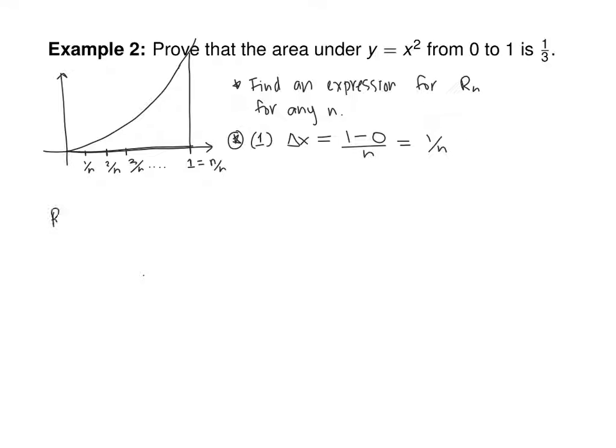So the right sum, so that's these boxes, all those little boxes there. What is the width of every single box? Almost. The width. 1 over n.